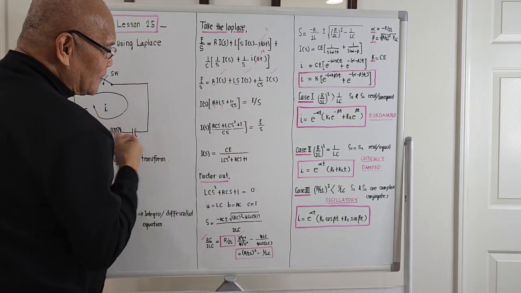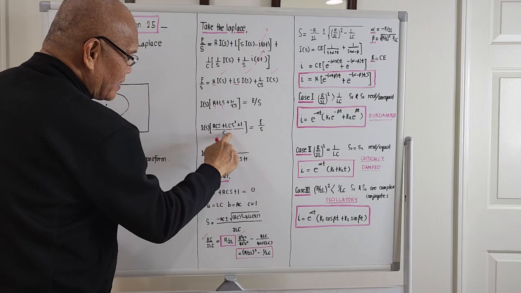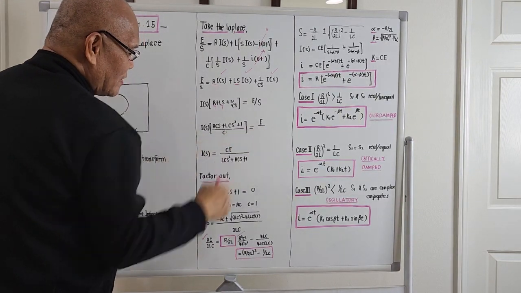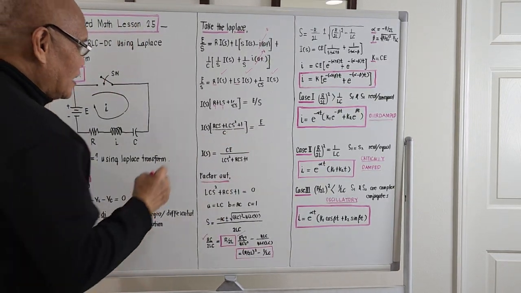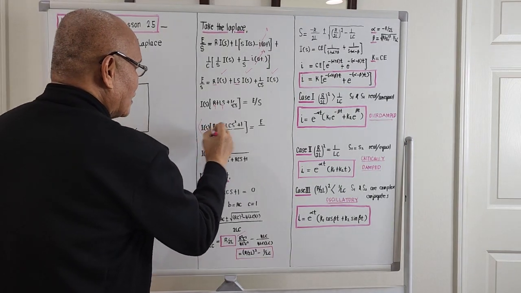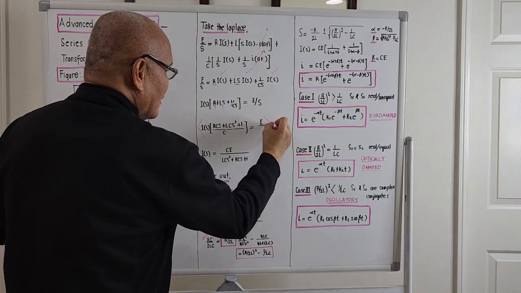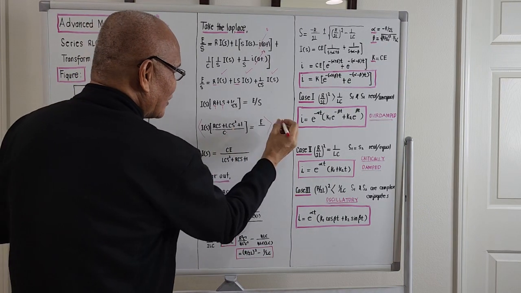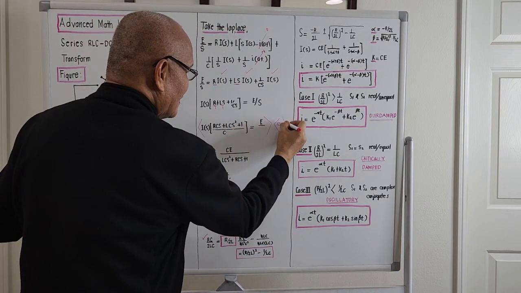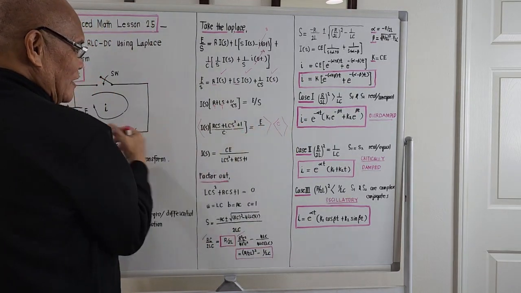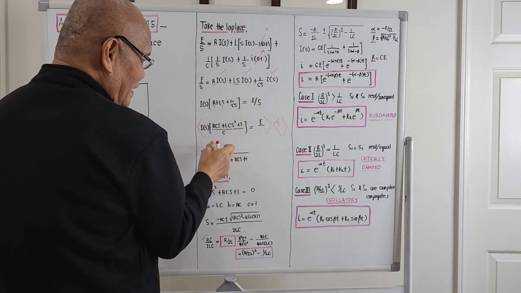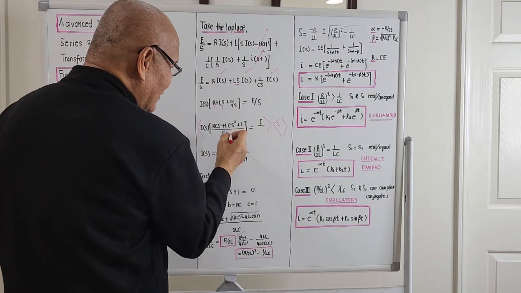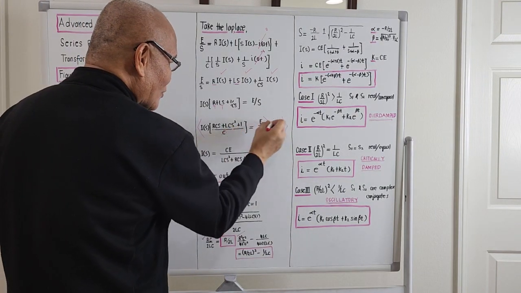Luckily, this S here cancels with this. Then we will multiply all the terms by C, because we want to eliminate this. The left-hand side multiplied by C, this C cancels with this.